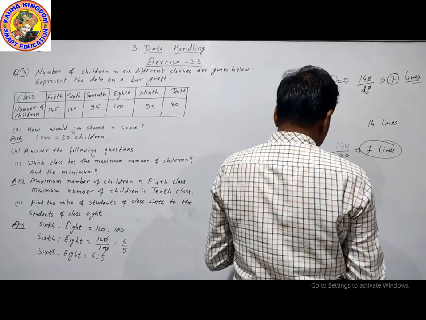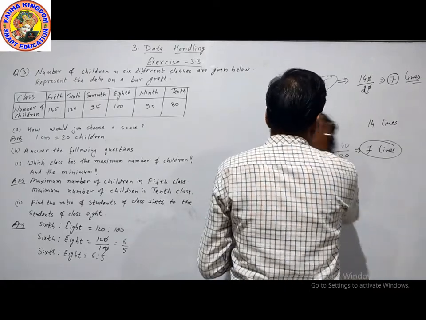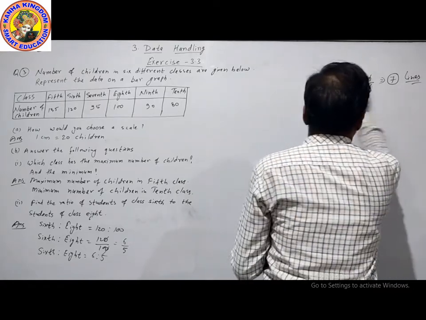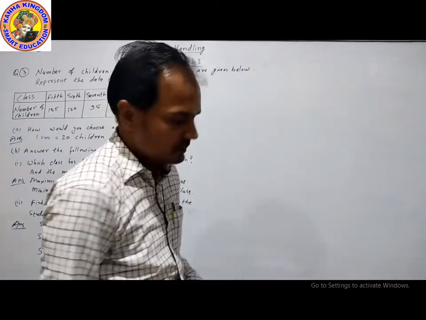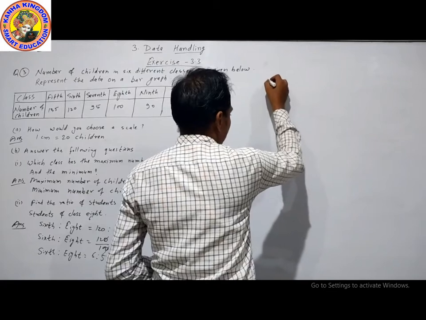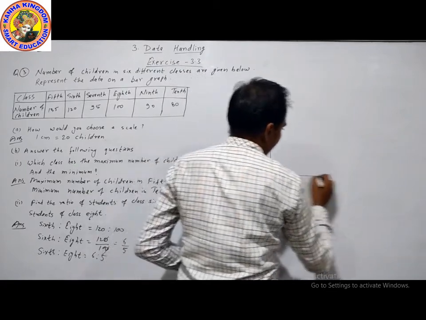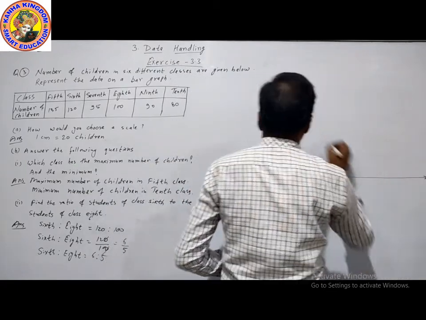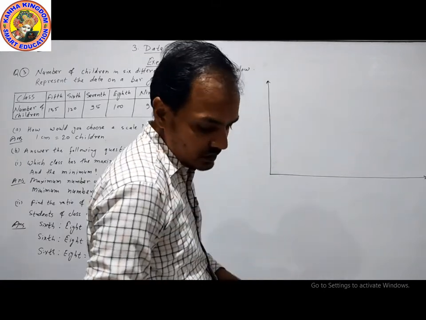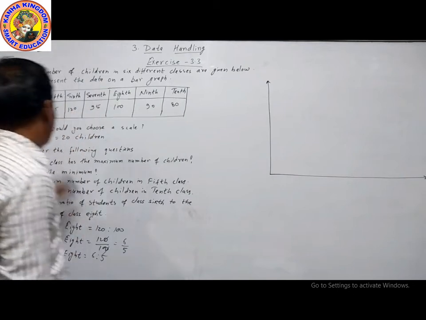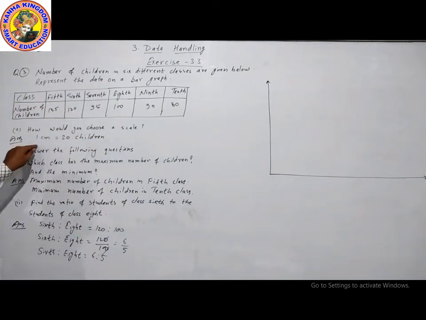We will draw a bar graph here. We have taken a scale of 1 centimeter equal to 20 children. 140 upon 20 is equal to 7.